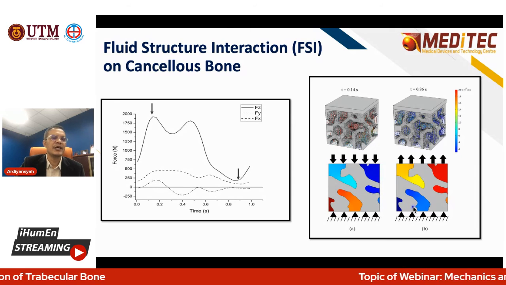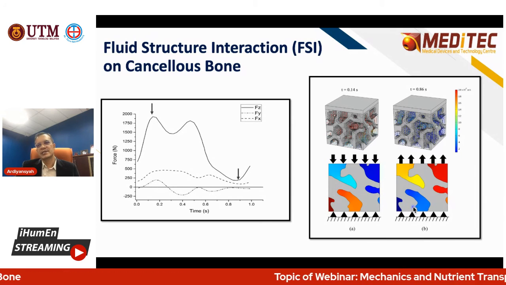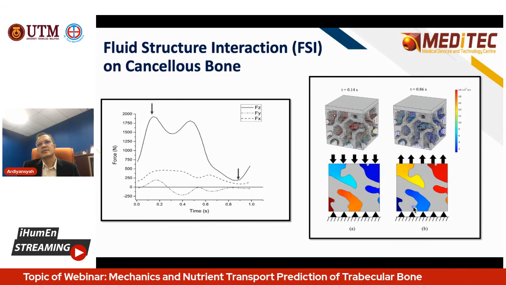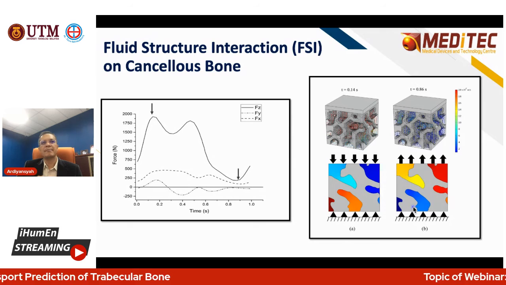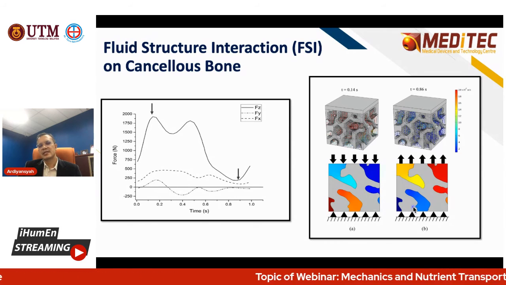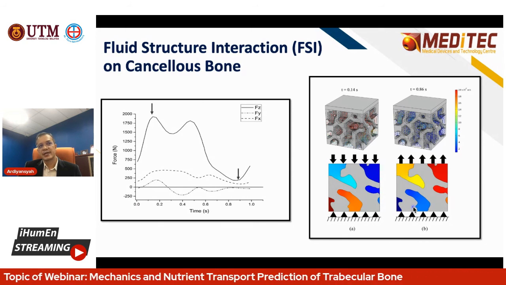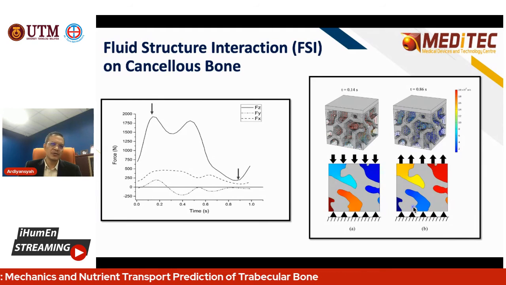Actually there is a function. The marrow during the loading also functions as a support. But if there is excessive load, the movement of the marrow is very fast, and that is able to break the struts of the cancellous bone.